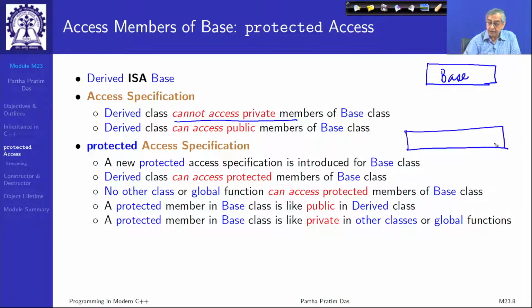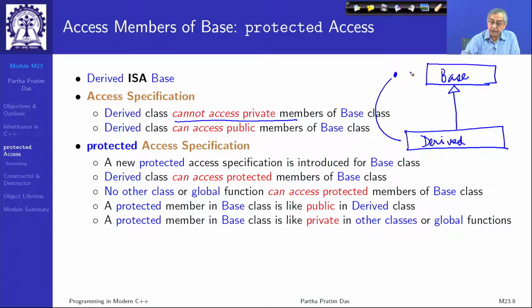I have the base class, I have the derived class, I have an is-a relationship between them. So, if I have a member here, I will have it in derived, that is fine.